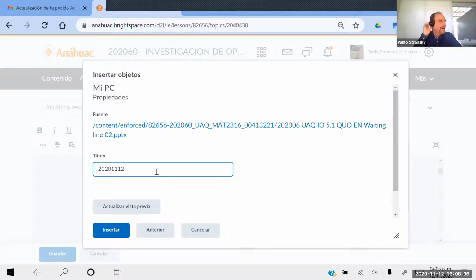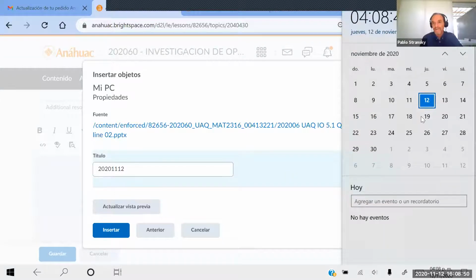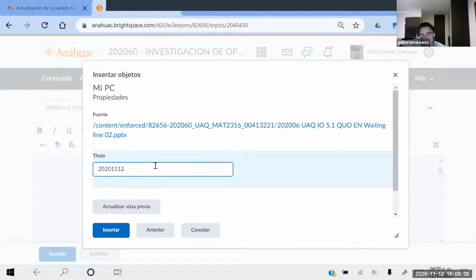As far as I know, there are 18 weeks, and we're in week number 14. So we must have around 3 more weeks. If we check the calendar, we are right now November 12th. I think we got 2 more weeks. Maybe 3, because exams start December 3, I believe. Yes.